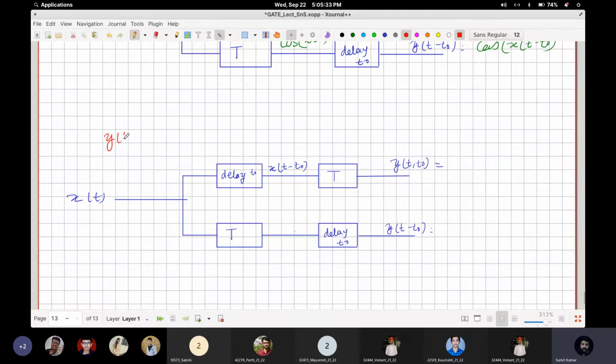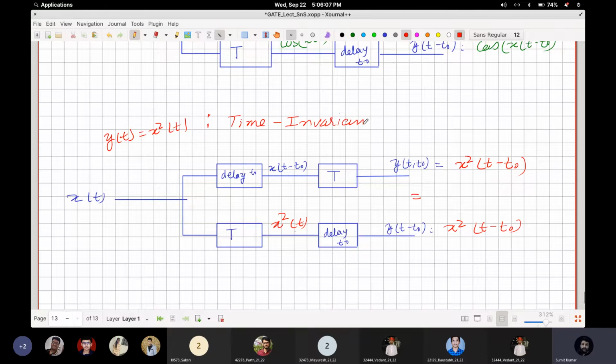So y(t) here is equal to x square t, and here again what you will be getting is x square (t minus t naught). And when you replace t with t minus t naught, you will get x square (t minus t naught). So both of them are again equal, and this system is again going to be time invariant.